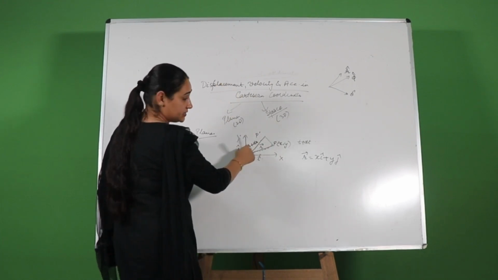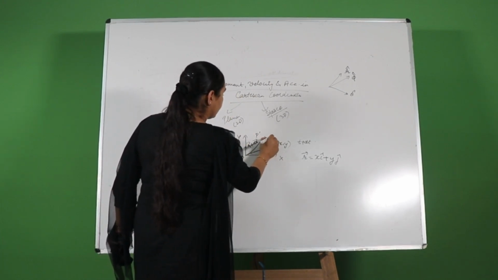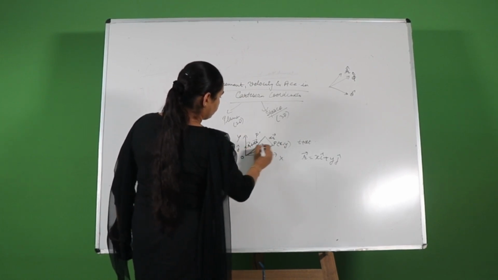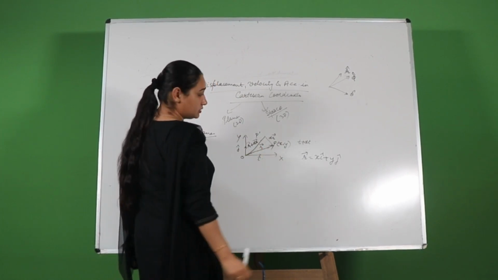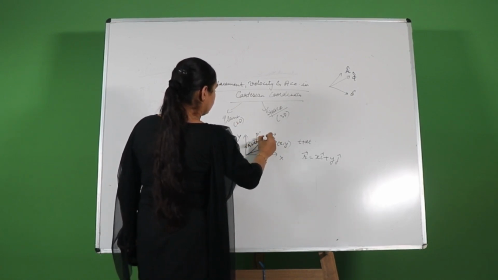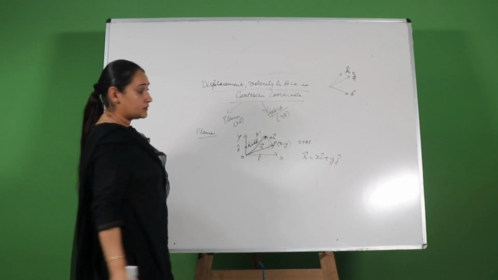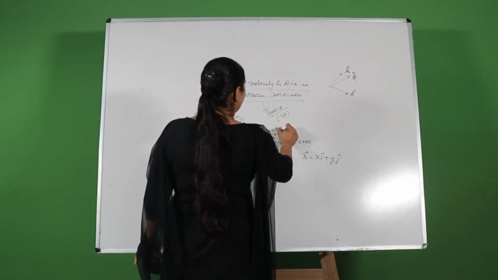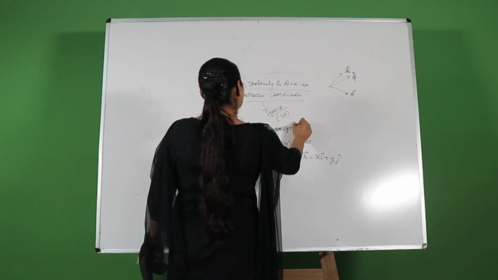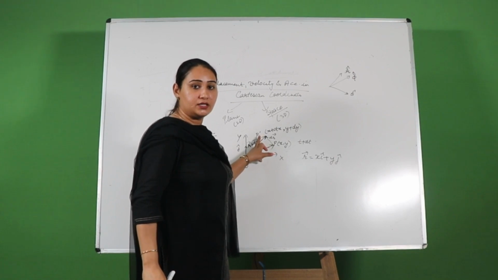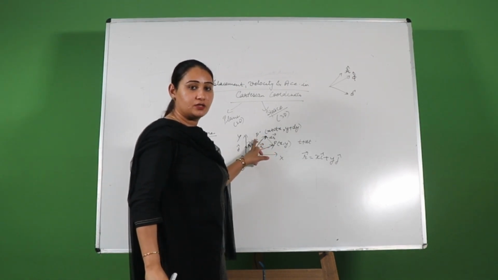So this is r plus dr, and this is your dr vector. Suppose the vector from O to P is in this direction, and OP dash will be like this. So here the coordinates will be x plus dx and y plus dy. What will be the position vector at this point P dash?